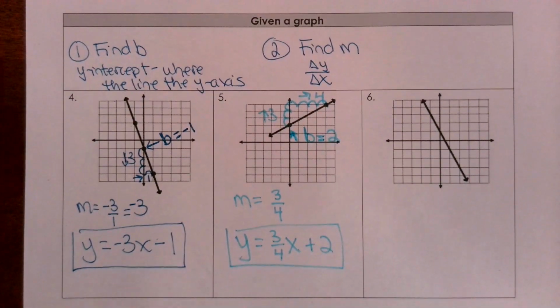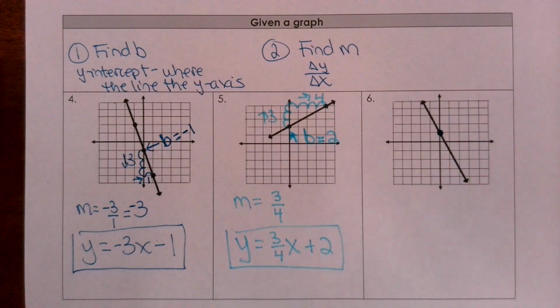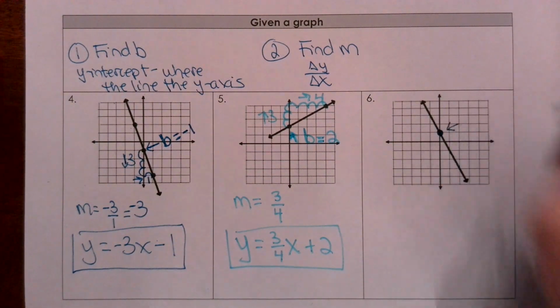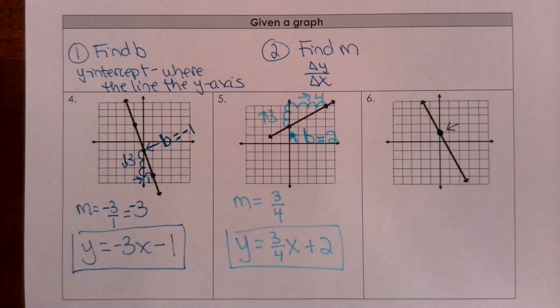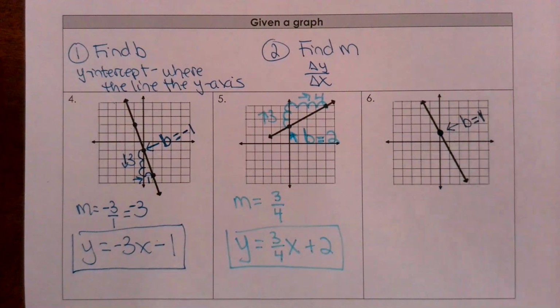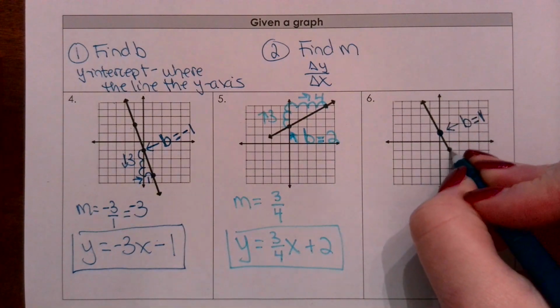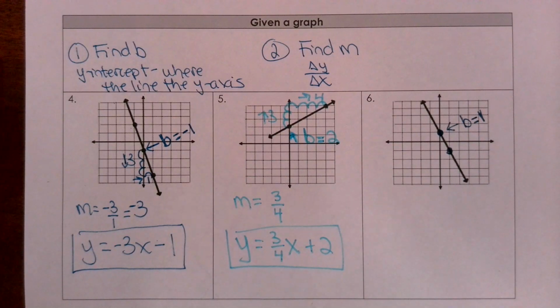The final graph, I don't see any little points, so I need to do a little bit of figuring out. This looks pretty clearly where this line is crossing the y-axis. So I am going to say it's crossing the y-axis at 1. b equals 1. And it looks pretty clear that it's crossing this point too.